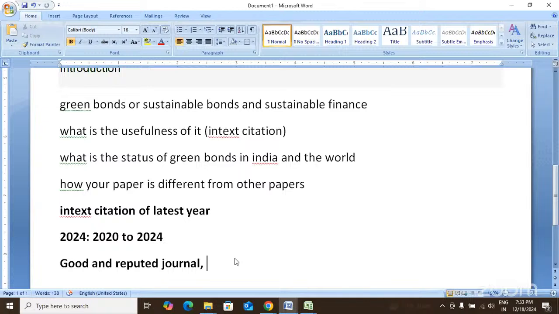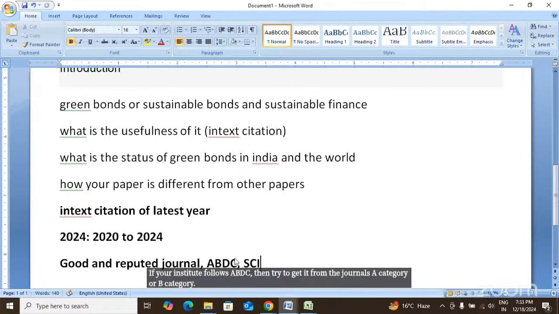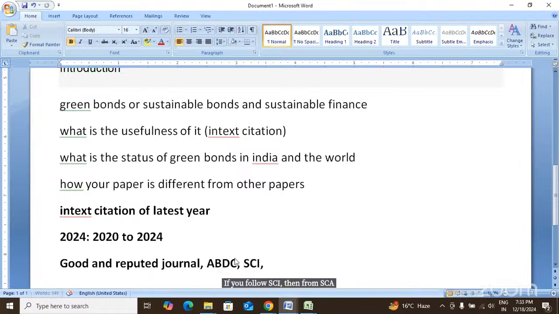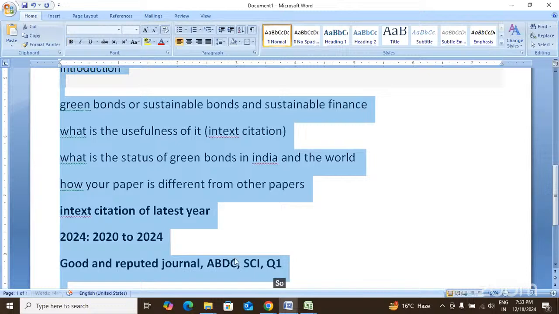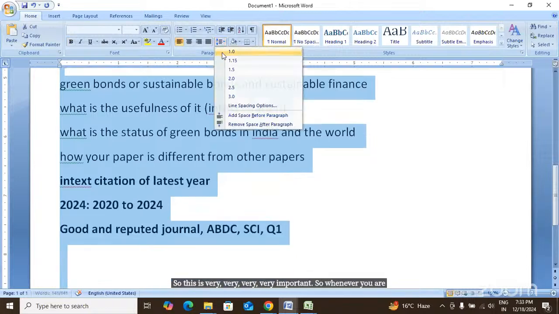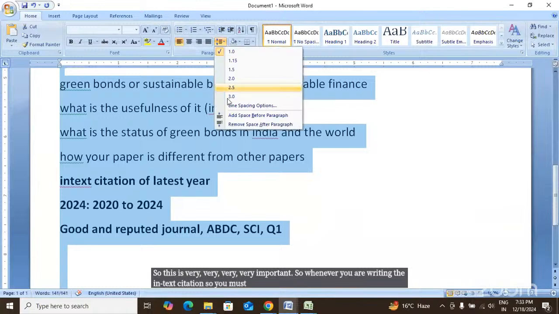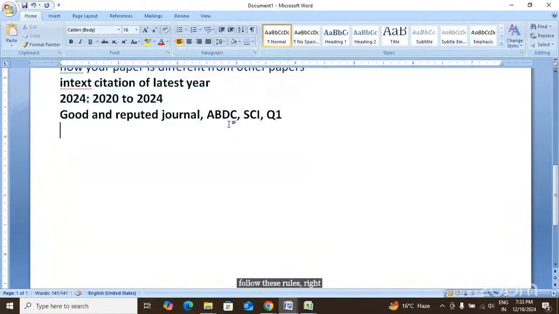If your institute follows ABDC, then try to get it from the A category or B category journals. If you follow SCI, then from SCI. If you follow Q1, then do it from Q1 journals. So this is very, very important. Whenever you are writing the in-text citation, you must follow these rules, in every paper.